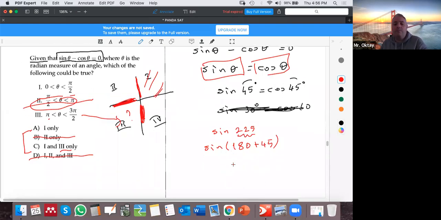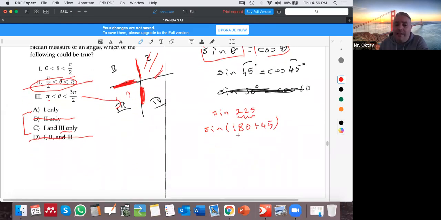Yes, sir. And then since I am using the 180, I am not changing the function. It is being 45. And then since this is the original one in the third quadrant, sine is here negative, so I have to put negative. So this is being now negative root 2 over 2. I mean, sine of 225 is negative root 2 over 2.